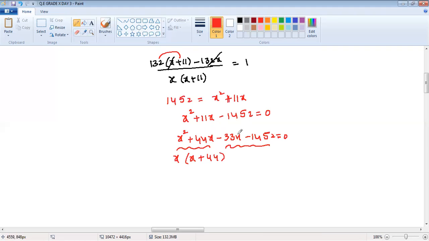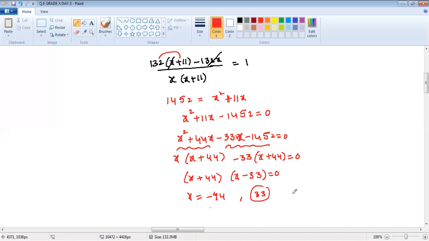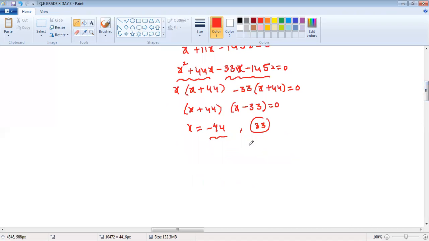So overall, what can you write? x plus 44 into x minus 33, which is equal to 0, right? Then x equal to minus 44 or 33. Which is the correct answer? Minus 44 or 33?